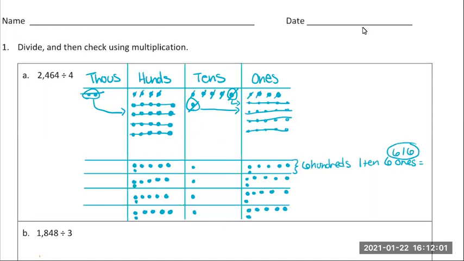We are going to double check just to make sure by multiplying 616 times our divisor, which is 4. 4 times 6 is 24. 4 times 1 is 4, plus 2 is 6, and 4 times 6 is 24. So 2,464 here, 2,464 there. We know we are correct.